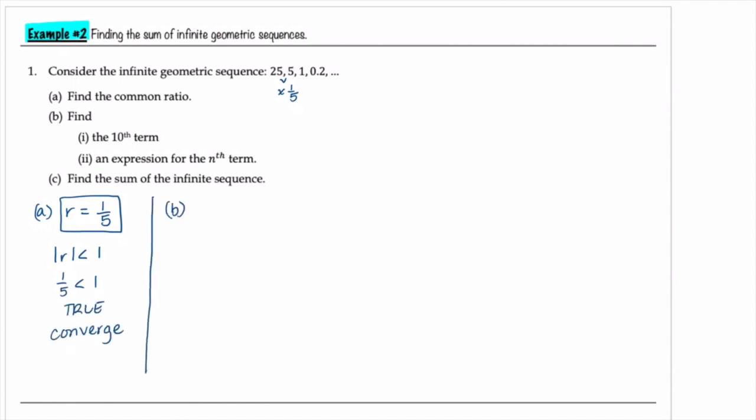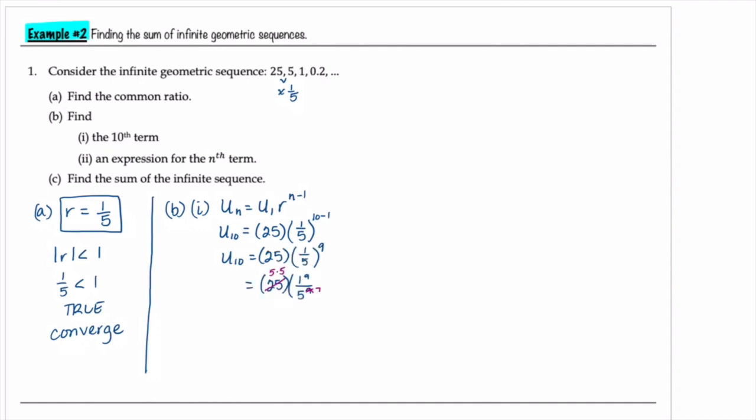For part B, we want to find the 10th term. Okay, so for part B, I used the nth term formula and I got a really small number, so I wrote it in scientific notation.